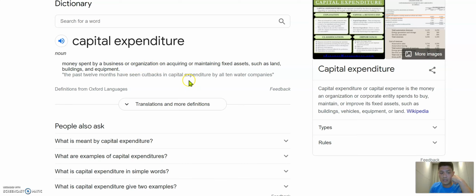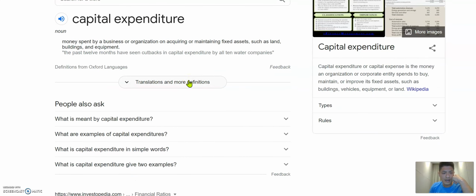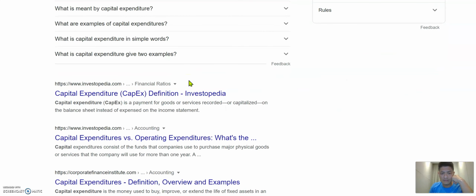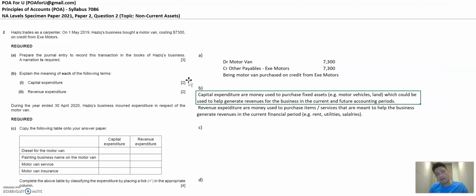So it's long-term in nature, and you can find so many different types of answers, and it just helps you understand the concepts a bit better. Now, going back to our question.